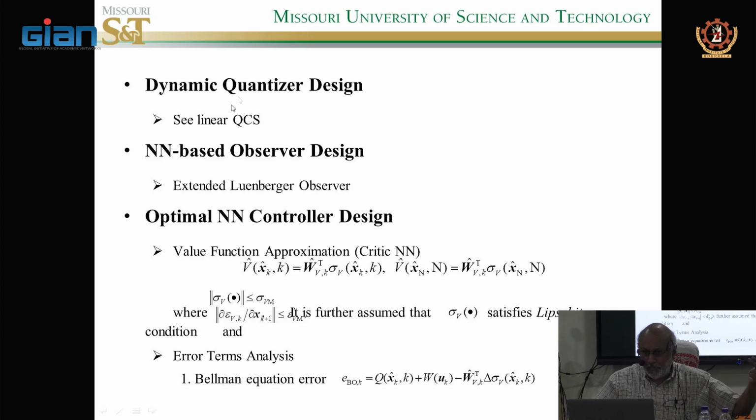And so the dynamic quantizer design is also there. This is the observer design. So the only thing is I'm replacing the state with x hat. Okay? So I'm computing the Bellman error. Bellman error uses the estimated state. And it also uses the extra term, which is non-quadratic functional, to accommodate the actuator saturation.